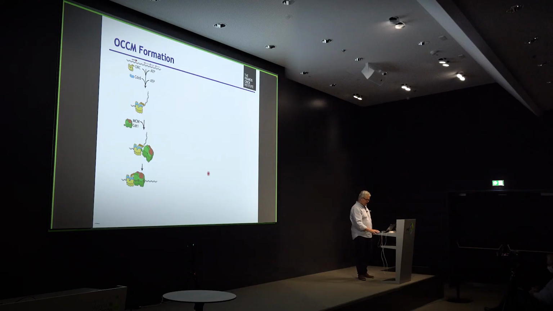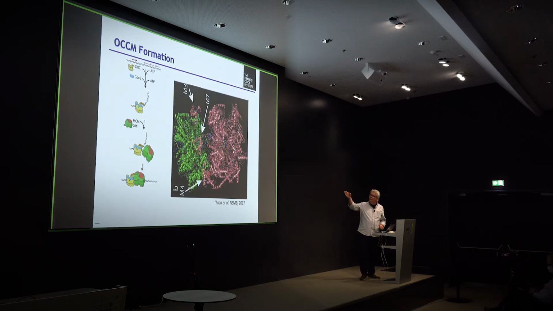And the configuration is such that when the DNA straightens out, it comes down into that gap between the MCM2-5 protein. And this is a very beautiful structure from Christian Speck's lab, just showing ORC in green and the MCM complex in this salmon-y color.